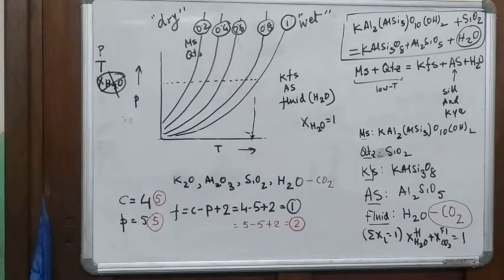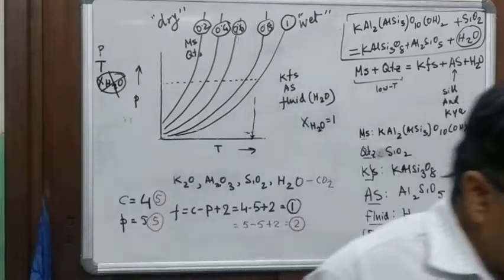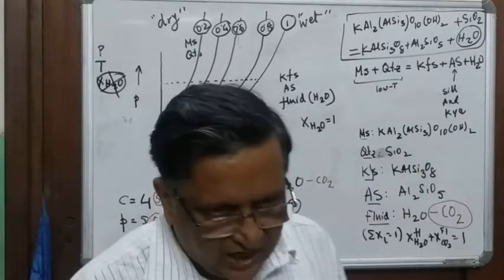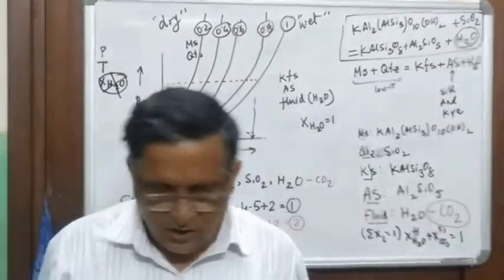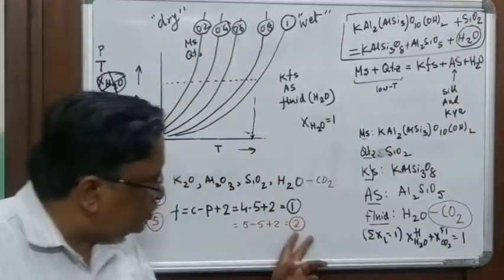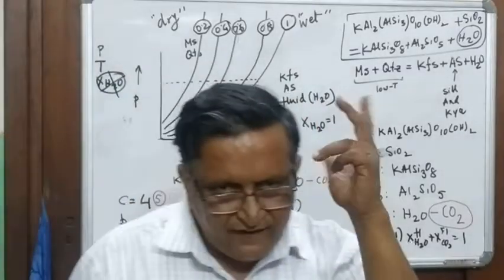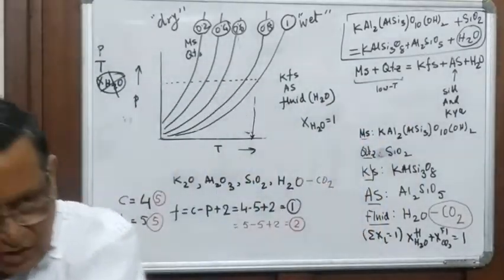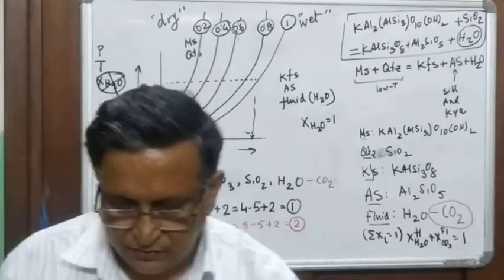What is this 2 now? Gibbs phase rule tells you that if you want to quantitatively characterize your equilibrium, then you need to give me 2 variables. 2 variables you need to give me external to the system, and I will give you the rest of it.